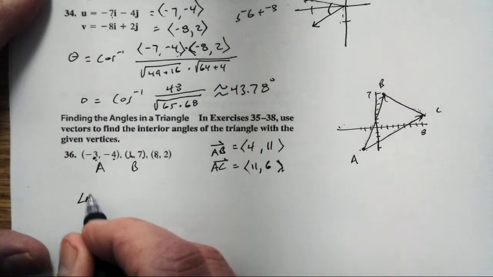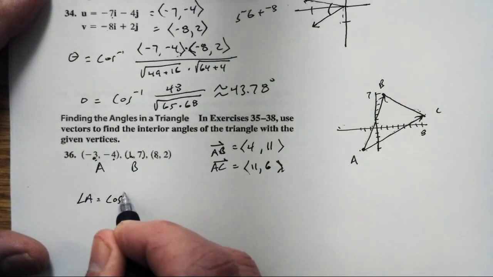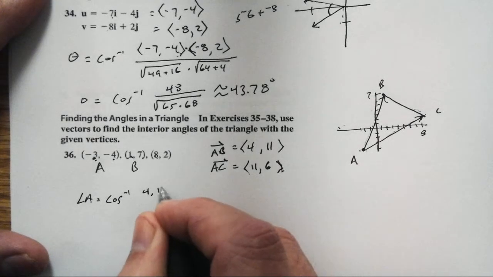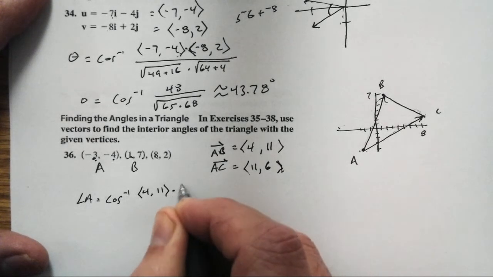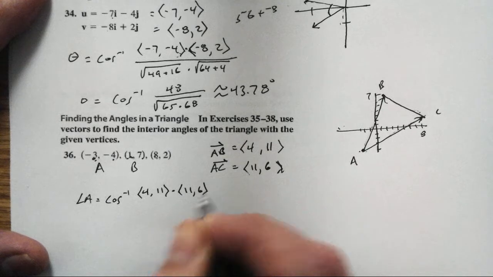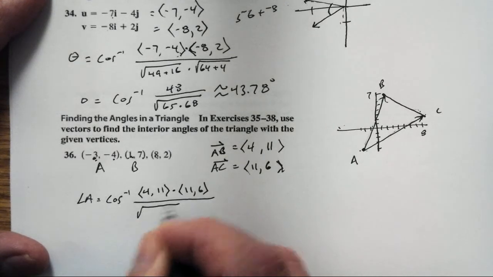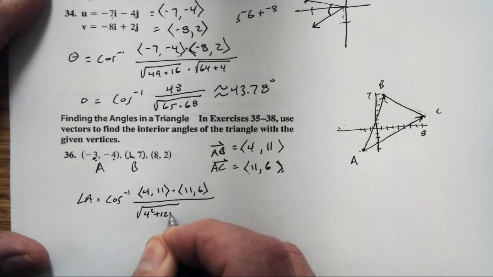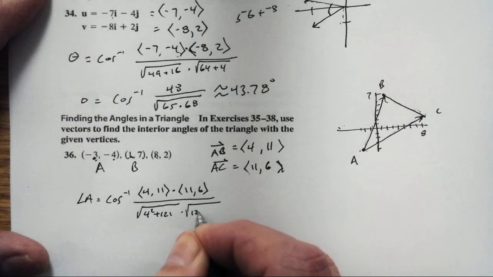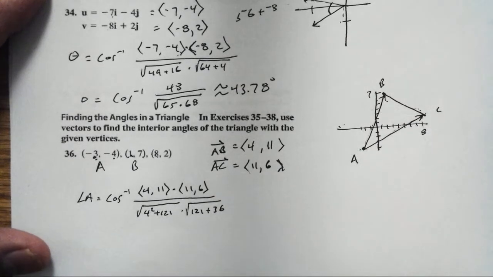So angle A is cosine inverse of <4, 11> dot <11, 6> over square root of 4 squared plus 121 times square root of 121 plus 36.